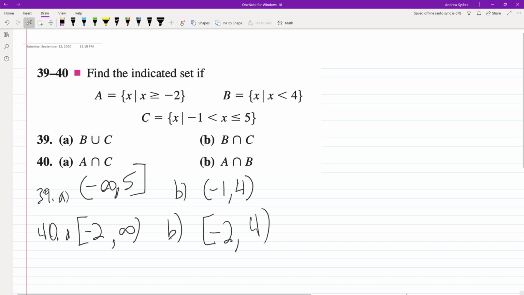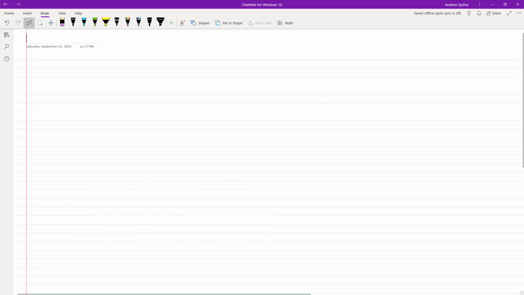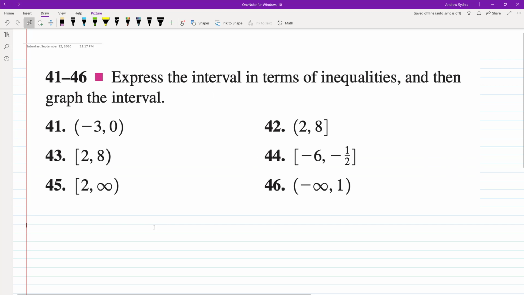So we're just converting interval notation to inequality form and then graphing the interval.